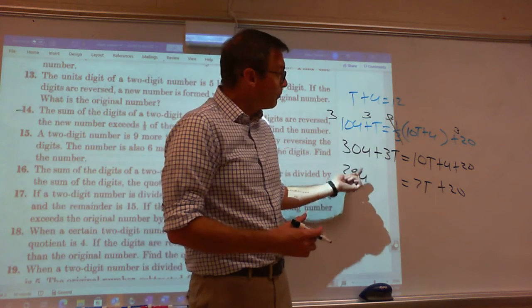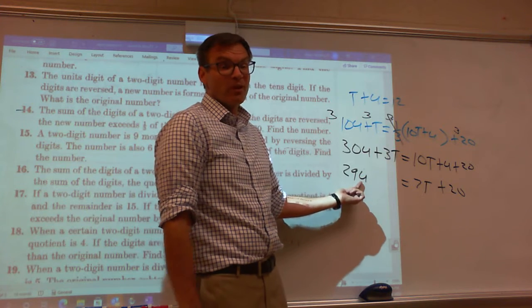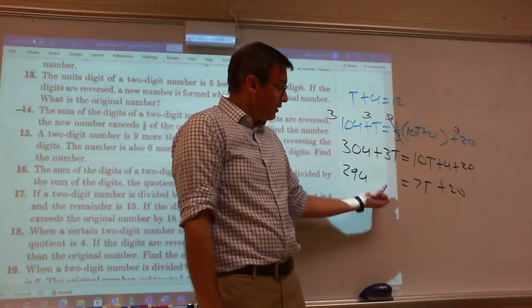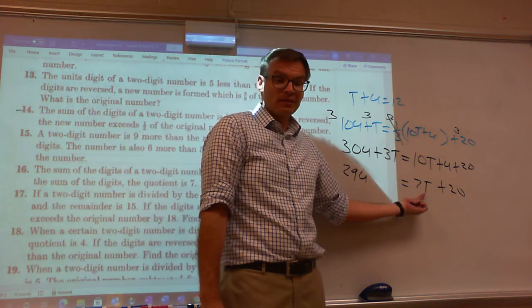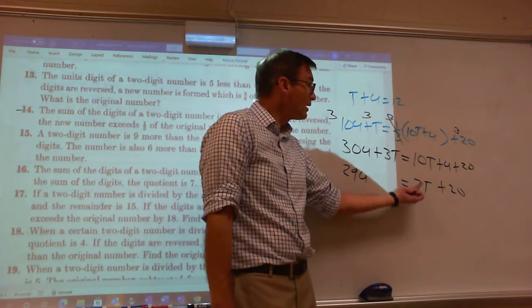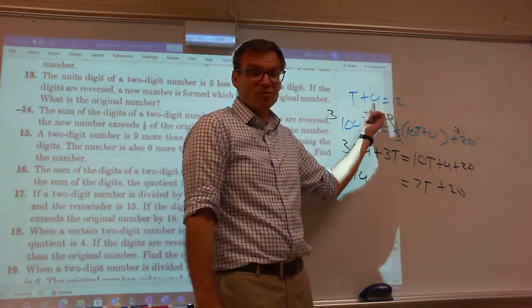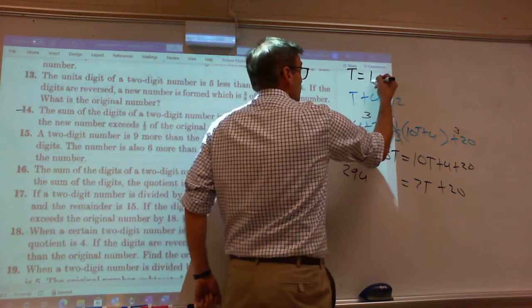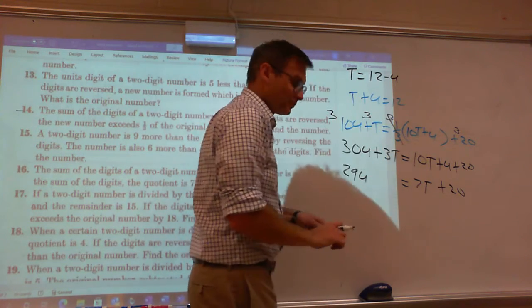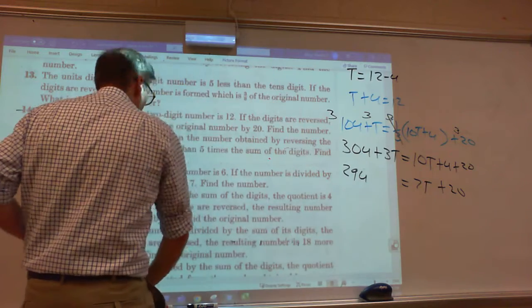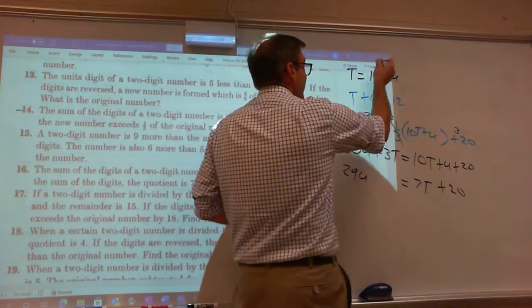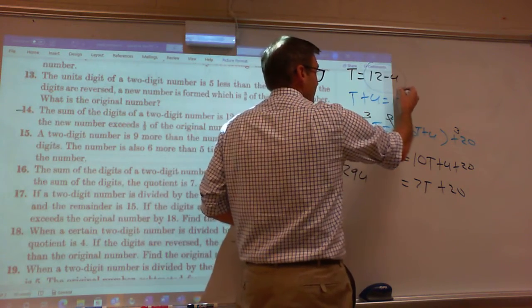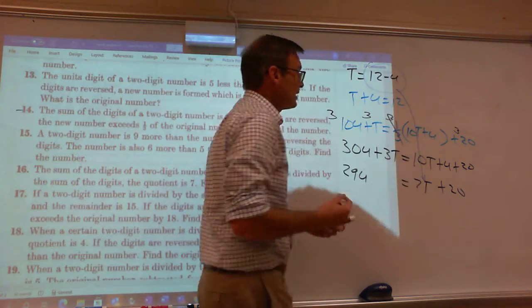So I'm going to look at this and it's like, I don't like multiplying by 29, so I want to replace the t. If I want to replace the t, that means up here I need to solve for t. And when I solve for t, that's going to give me t is equal to 12 minus u. And now I can take this and plug it into t.